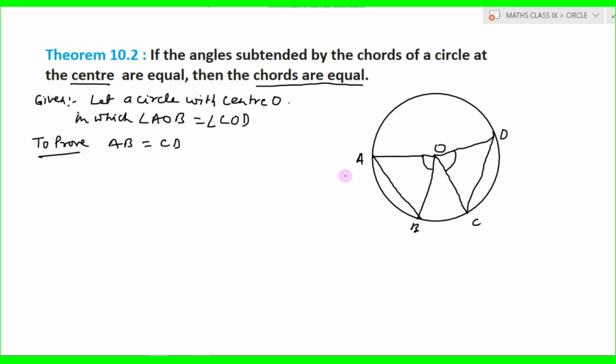Again, the two sides of two triangles we have to prove equal, meaning indirectly we have to prove these two triangles congruent first. So again we have to search for the criteria. This angle and this angle are given equal, and we know all these four sides are of the same length, radii of the circle. So OA equals OC, and OB equals OD. So here it is clearly, from the figure, side angle side, these two triangles are congruent. So in the proof, first we have to prove these two triangles are congruent.